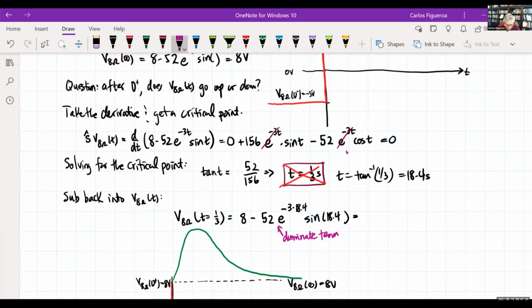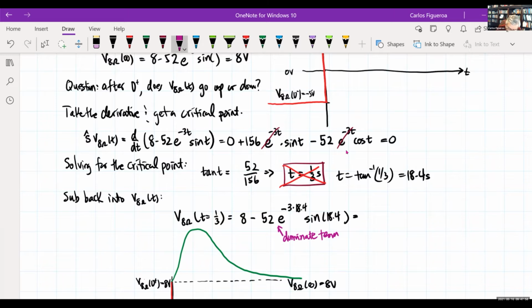Okay, somebody else has to do this because I'm getting some funky number here. It's got to be 52 times e to the minus. Yeah, that thing's got to be tiny.